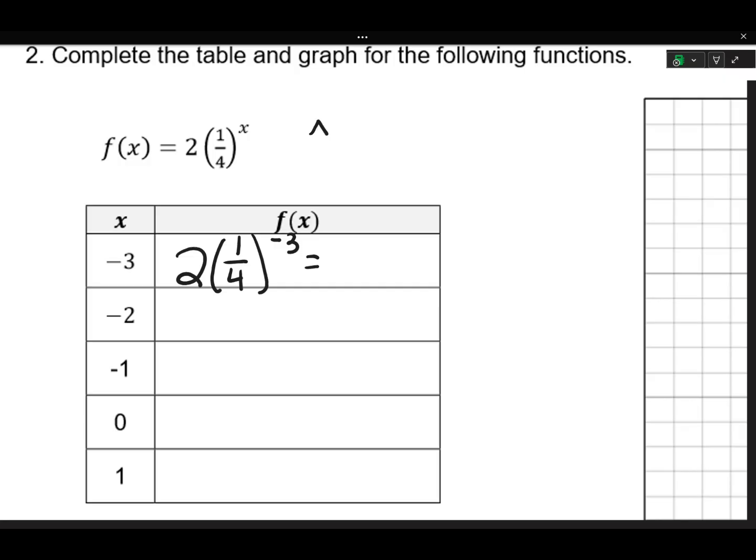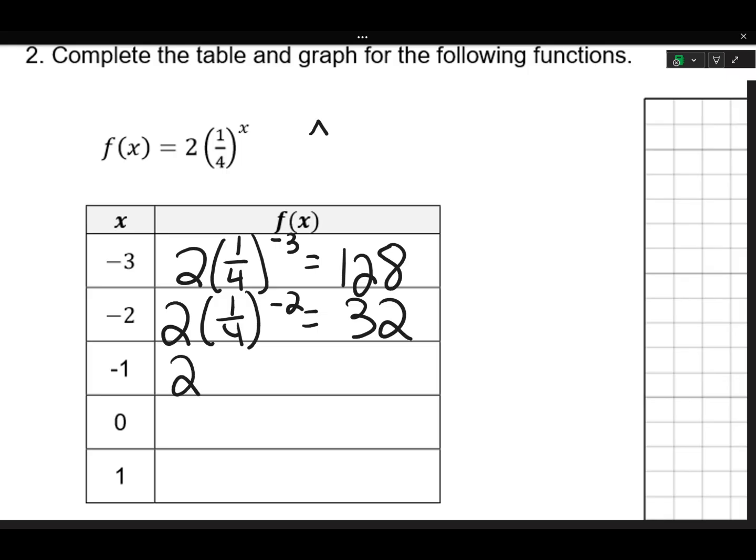Again, practice putting this into your calculator. You should get 128. If you don't, you did something wrong, and you should call me over now, because I cannot help you during the test. Next, I'm going to raise it to the power of -2. I recommend, if you're watching this, to pause the video, enter this into your calculators, and then check my answers.